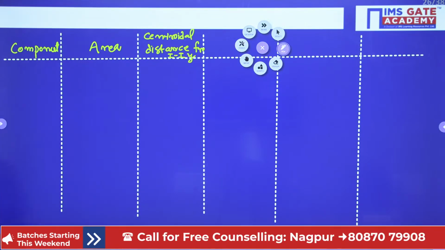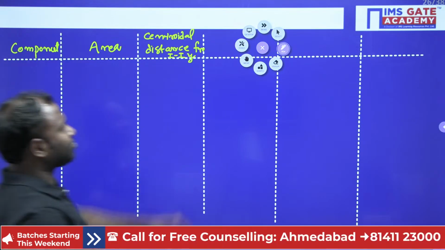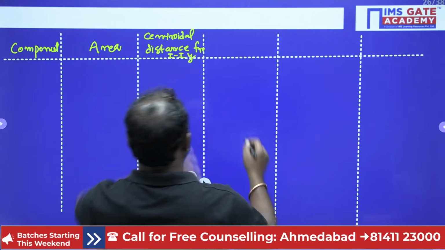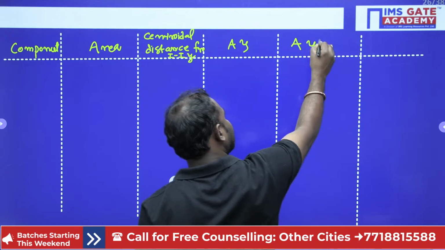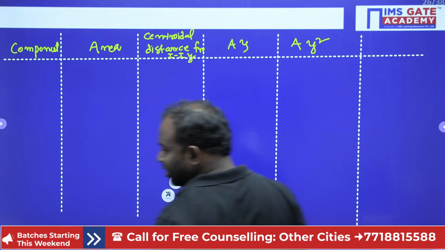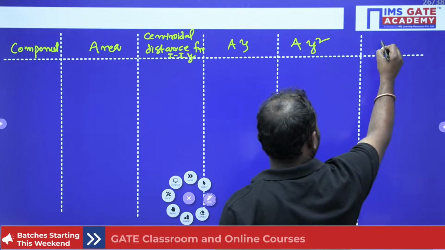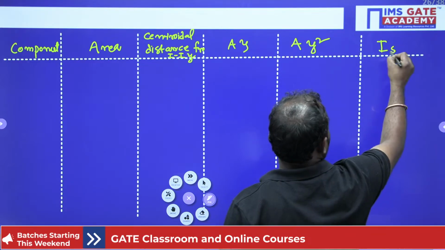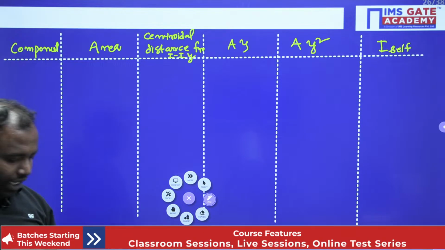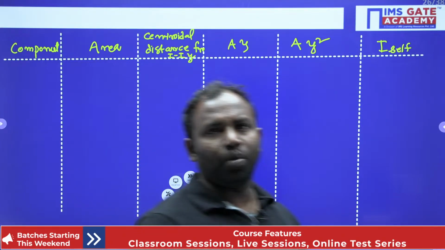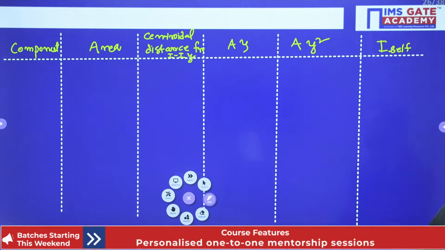Next is AY, that is area into y. Then AY square. And then moment of inertia of self, that means each part's moment of inertia will be calculated. Alright guys, hope you understand.